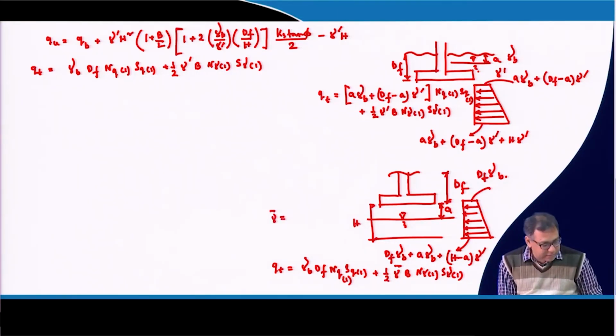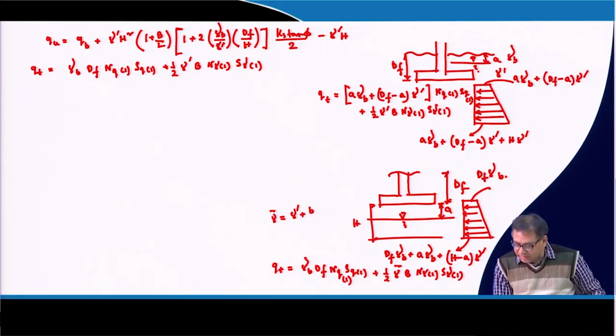Now, gamma bar is equal to gamma dash plus small a, or B, or you can write A itself, no problem. So this will be small a, then this is B, then gamma minus gamma dash. This is the general equation where B is the width of the foundation.